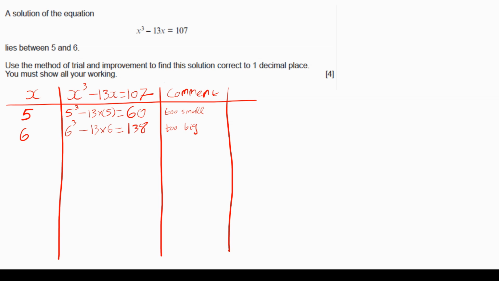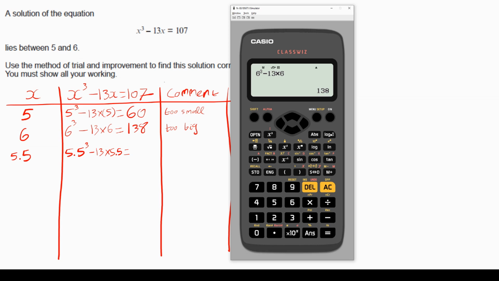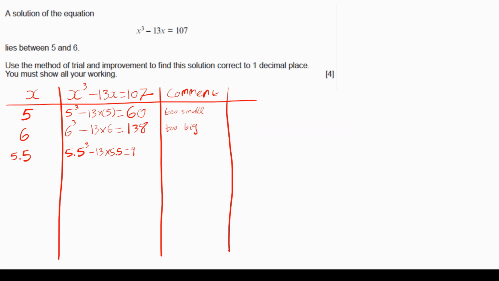So we know the solution is between 5 and 6, so why don't we try x equals 5.5, which is halfway between them. So we end up now with 5.5 cubed, take away 13 times 5.5, and let's try that. Which gives you 94.875.